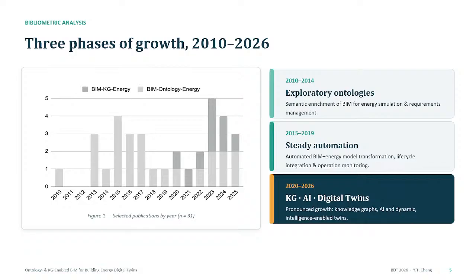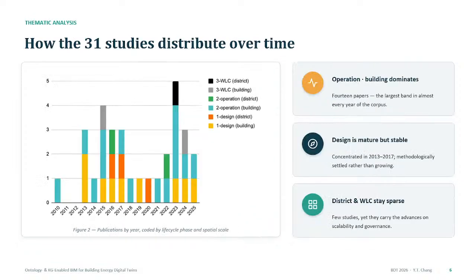This is just a trend of how these papers got published. In the beginning, there were more exploratory studies, and recently AI and knowledge graphs have really become popular. Then there are the different phases and spatial scales. In the beginning, of course, there was a lot on building operation.